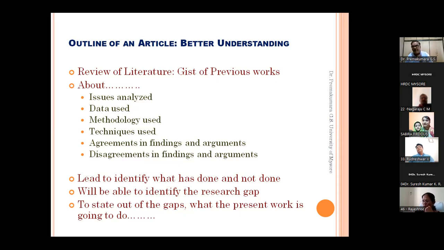They have not used primary data. One research gap you got. Most of the previous studies have used only descriptive techniques. No inferential techniques, no proof for their arguments. This is how you need to write review of literature for the research article.